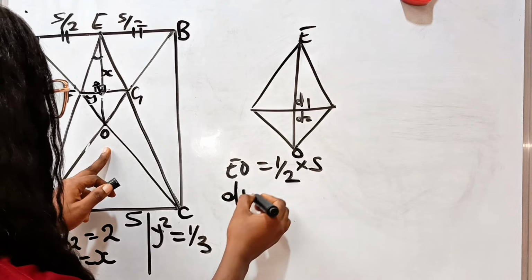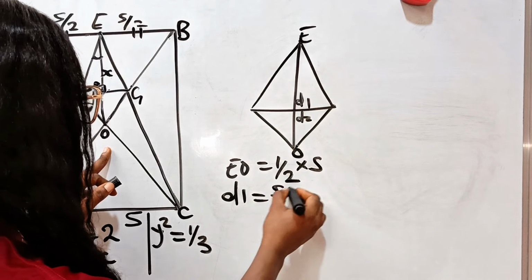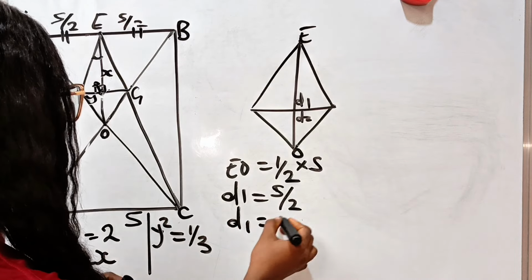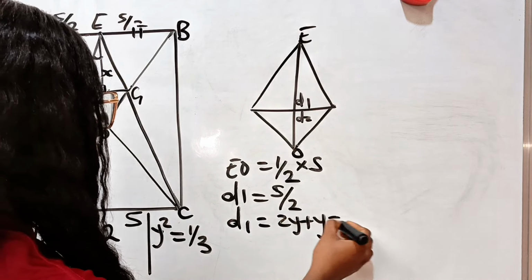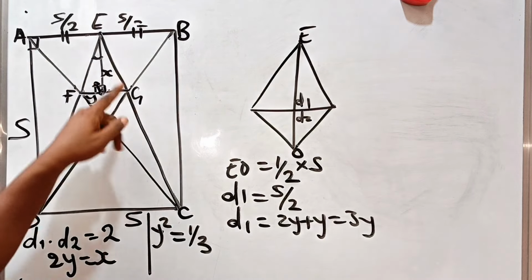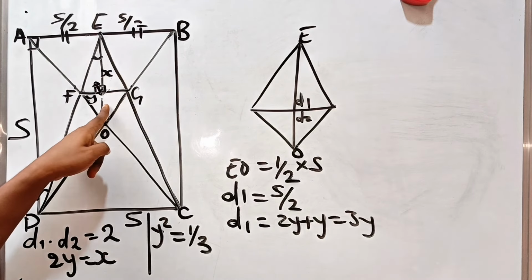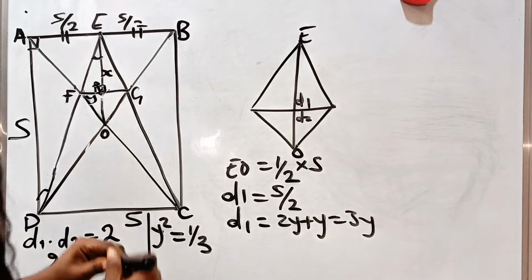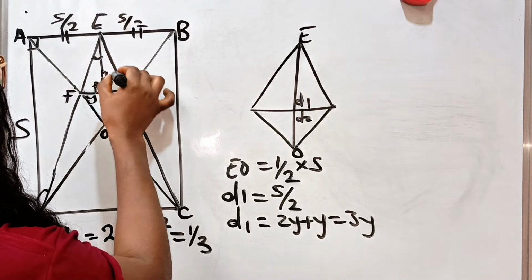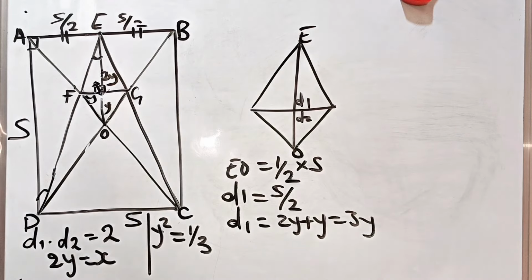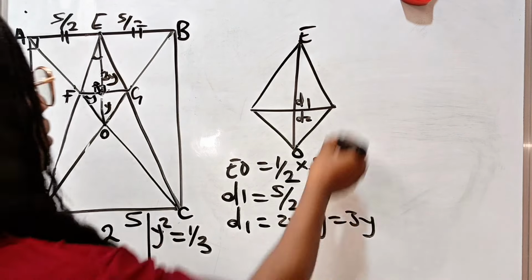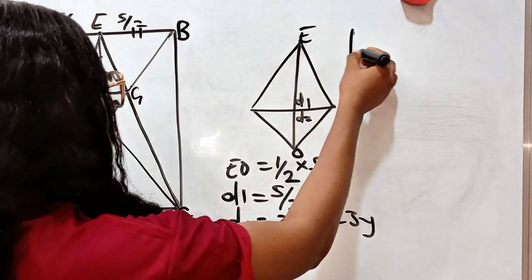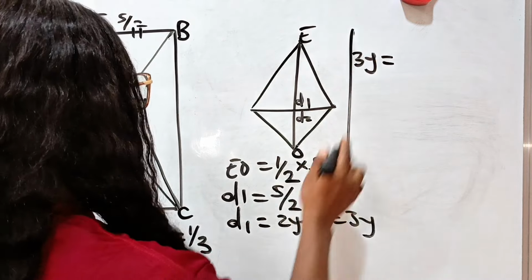So we have D1 is equal to S over 2. Now remember that we got D1 to be 2y plus y, which is 3y. Hope you have not forgotten, because we got this to be 2y and we got it to be y. So D1, which is EO, should be 2y plus y. X is 2y and from here to here is y. So we have 3y. So we can now write that 3y, that is our D1, is equal to S over 2.